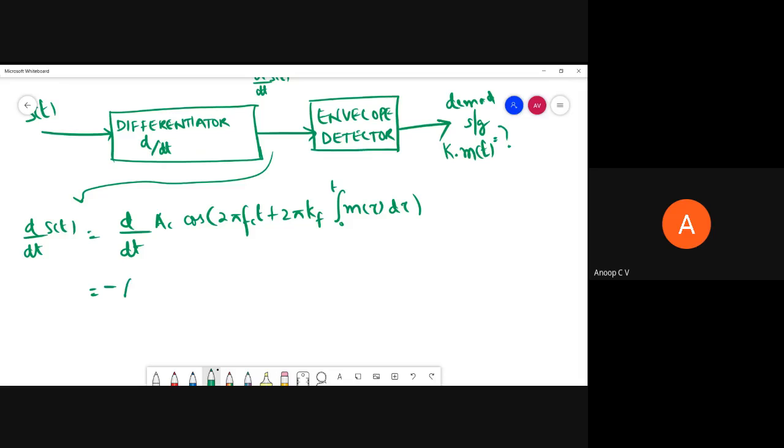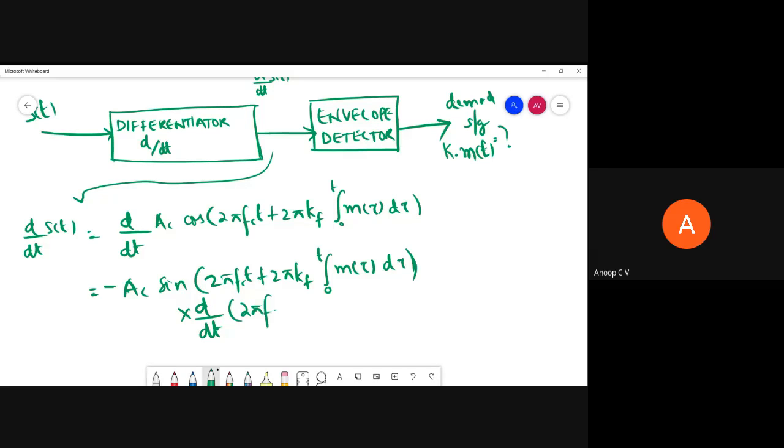So we will get minus AC sine 2 pi fct plus 2 pi times kf times integral 0 to t m of tau d tau, times, since this is a function of time, the derivative of cosine will be sine of whatever the argument is, multiplied by the derivative of whatever is inside the bracket, the derivative of 2 pi fct plus 2 pi kf times integral 0 to t m of tau d tau. So this will be the derivative.